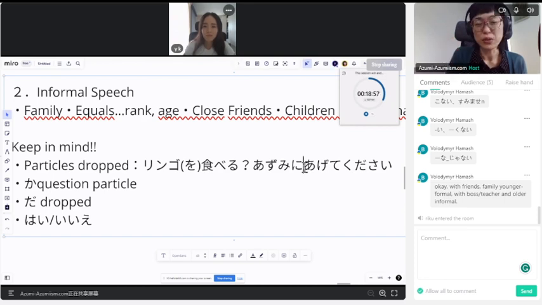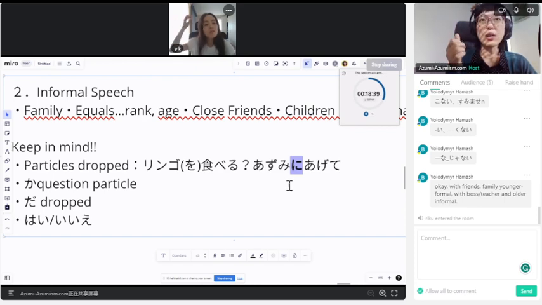Make it short form. あずみにリンゴあげて. So this is the particle Yukiko mentioned you cannot drop. Ni is the direction marker, and this job is super important. So あずみあげて is weird. It sounds more like you are Azumi, being given the order.